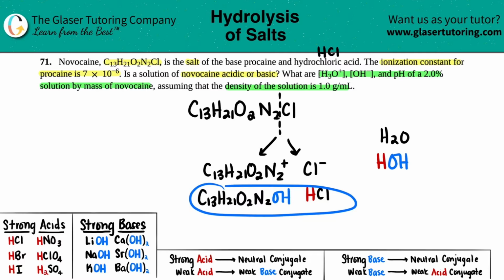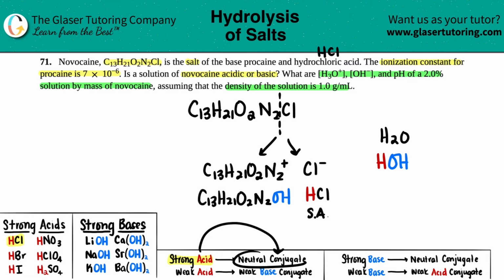Now we're going to discuss these compounds. Let's start with HCl. Is HCl one of my 6 strong acids or 6 strong bases? Yeah, it's one of my 6 strong acids, so I'm just going to say that this is a strong acid. Anytime that you do have a strong acid, just know that the conjugate is so weak that it's easier to call it neutral.